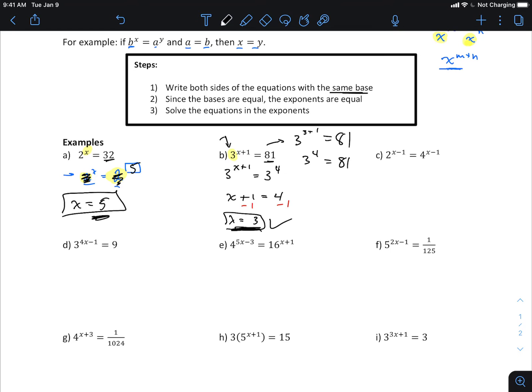The other thing that goes on in here is there are some power law stuff that goes on, as you can see here, as we move through it. So, step 1, write the base. 4 is an easy one with a base of 2, right? We're going to get 2 to the x minus 1. The left side's going to stay the same. But I'm trying to match the 2 on this side. Well, what do I have to raise 2 to the power of? 2 to the exponent what gives me 4?